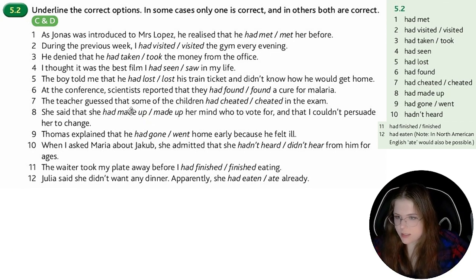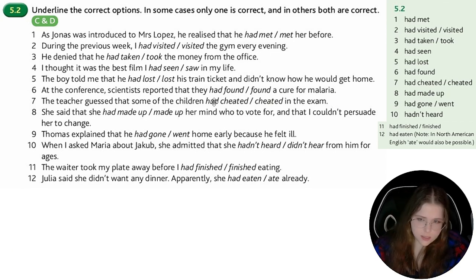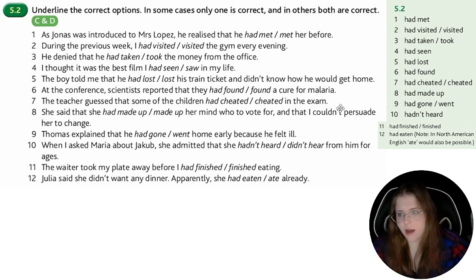The teacher guessed that some of the children cheated or had cheated in the exam. He guessed it in the past. If the exam was in the past, we can use both of them. But actually, it is quite obvious that firstly they had cheated, or they hadn't cheated, or they didn't cheat in the exam, and only after that the teacher guessed it.